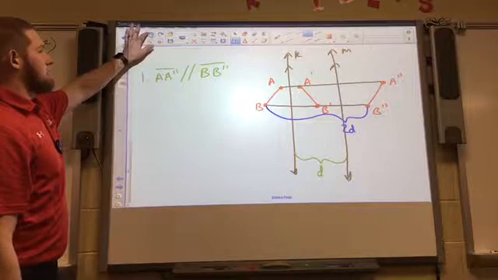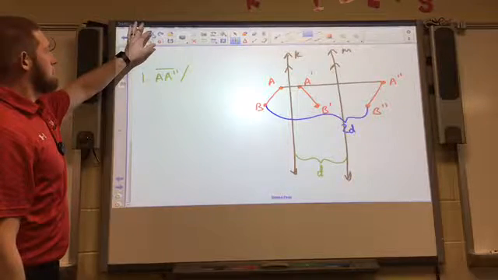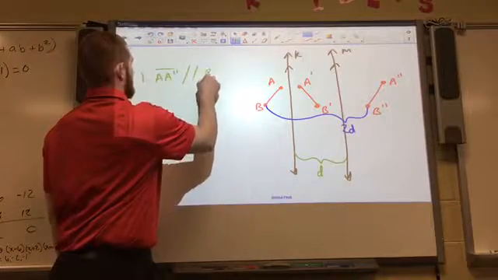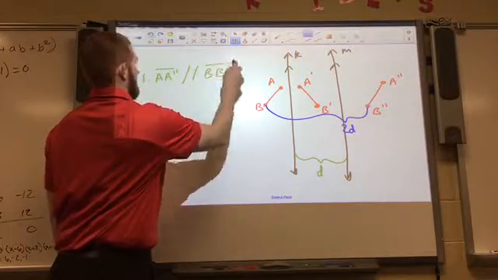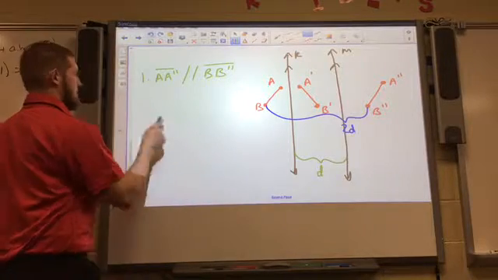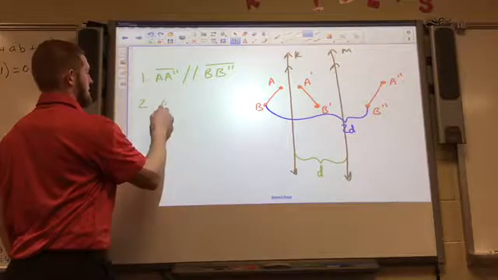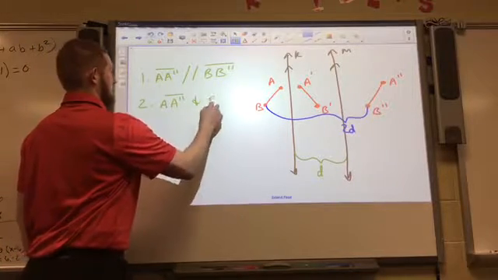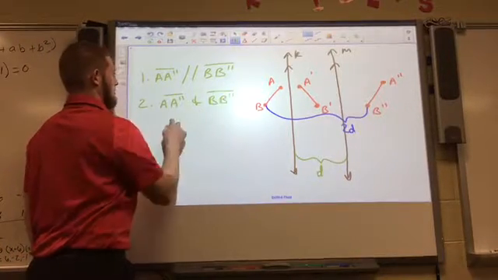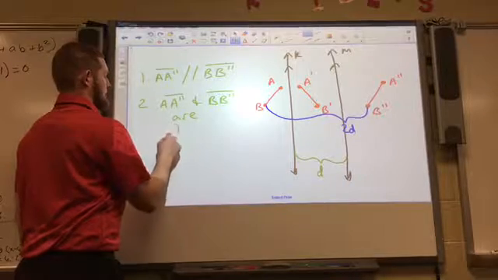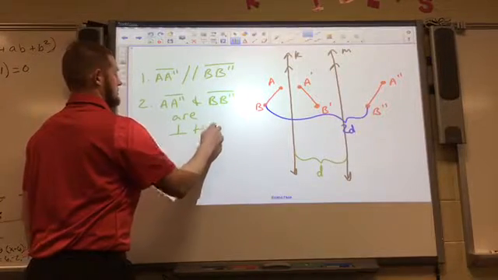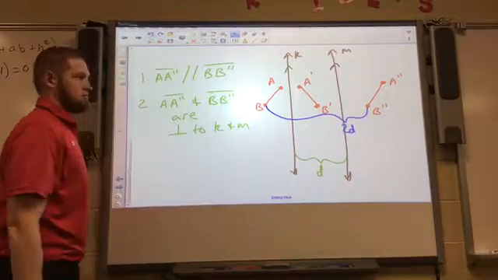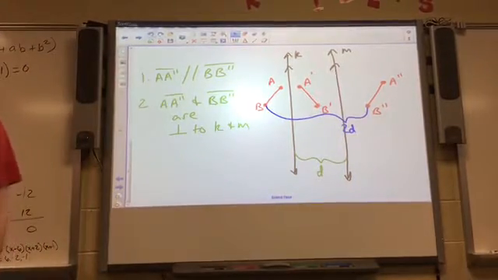The other thing that we need to know is that those same segments, A double prime and B double prime, are perpendicular to K and M. And perpendicular means what?